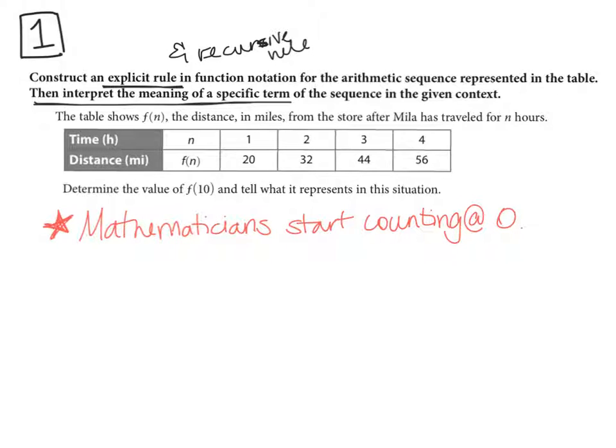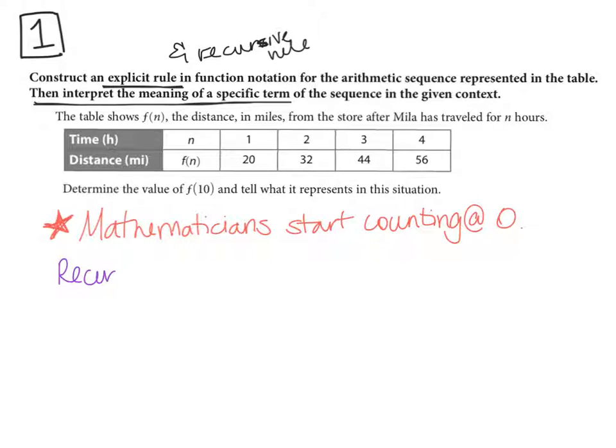So if a mathematician had five stars that he needed to count, instead of starting at 1, like you and I would start and say 1, 2, 3, 4, 5, the mathematician is going to start at 0 and say 0, 1, 2, 3, 4, 5. That may seem silly to you, but it's important that you know that so that we can move forward. So recursive rule, I think, is actually going to be just a little bit easier.